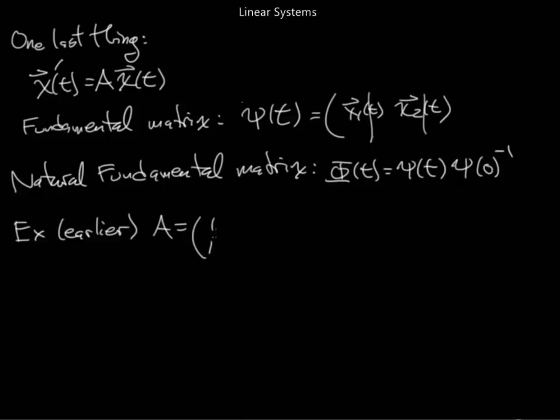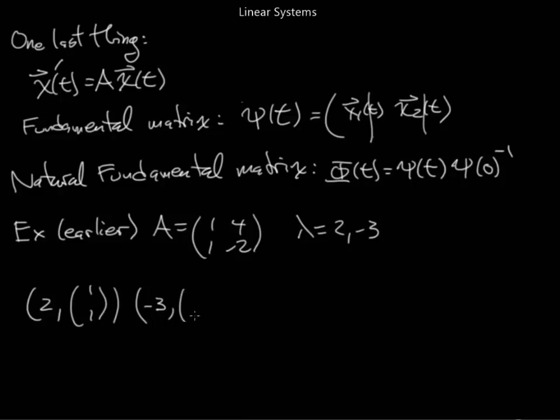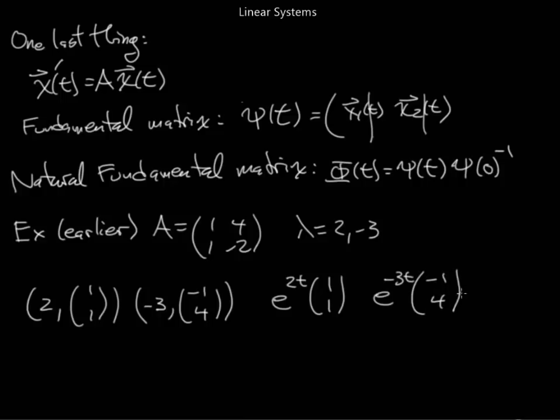This is the example where A was this matrix (1, 4; 1, minus 2), and I found lambda was 2 or minus 3, and I had these two eigenpairs, 2, (1, 1) and minus 3, (1, minus 1, 4)... so the two fundamental solutions are e to the 2t times (1, 1) and e to the minus 3t times (minus 1, 4).